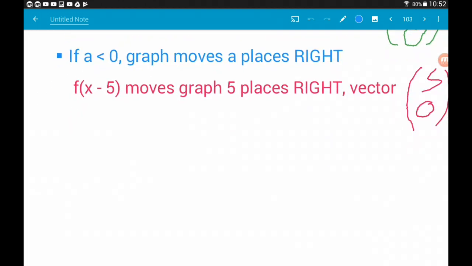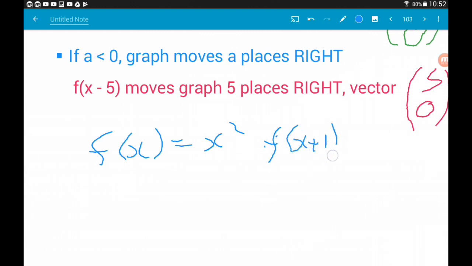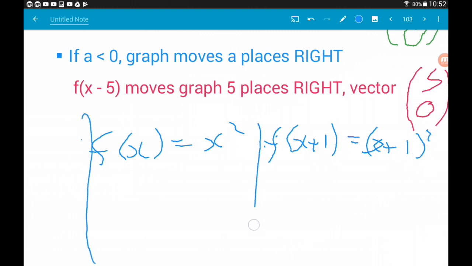So, let's say we had f of x equal to x squared. And then we're also going to have f of x plus 1, which is just (x plus 1) squared. Now, let's make ourselves a little table here.